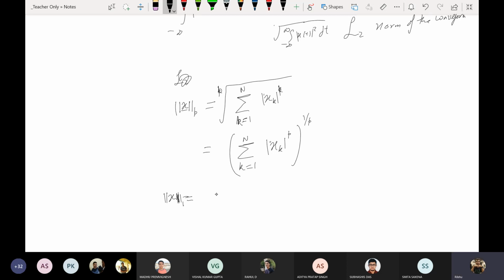L1 norm is simply the sum of the absolute values of the vector elements. Fine. And the 2 norm we know. Let's look at the two most interesting norms, or the two extreme cases.